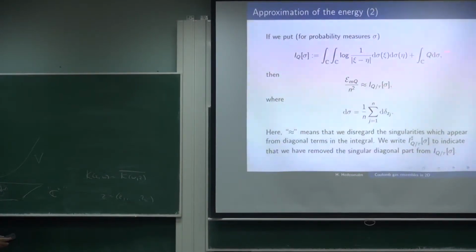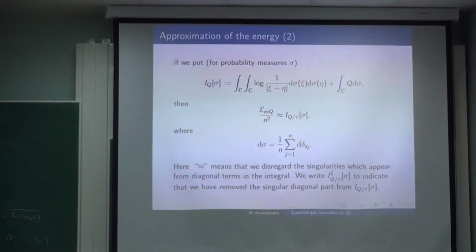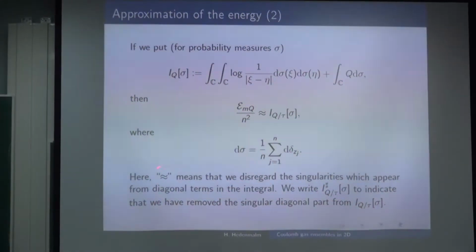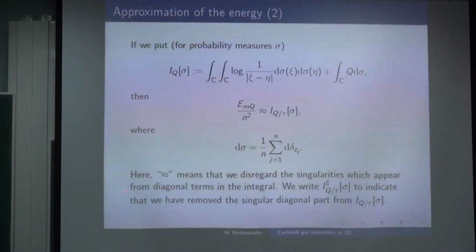It will be infinity. But then to remedy that, let's just disregard the diagonal terms when both points are the same point. So forget about it. Formally, you could think about it as removing the diagonal from the integration.